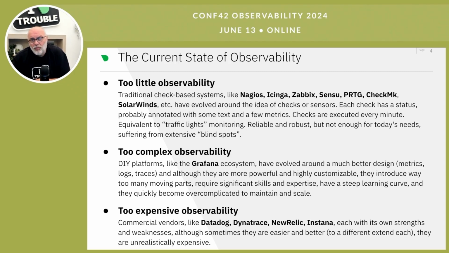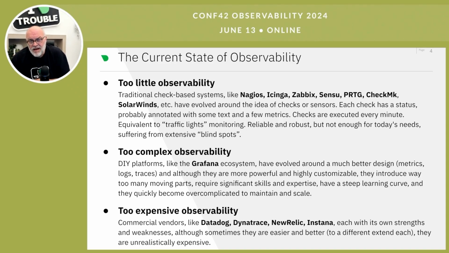Then there is the too complex observability, like the Grafana world. The Grafana world is very powerful and an excellent visualizer with excellent databases and other tools in this ecosystem. But the biggest problem is that it has a very steep learning curve and it very quickly becomes overcomplicated to maintain and scale.